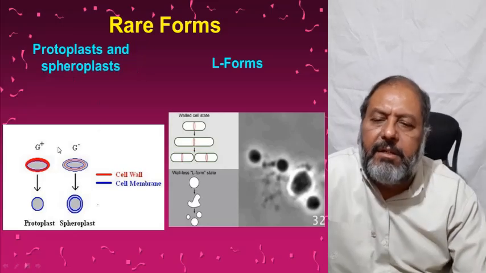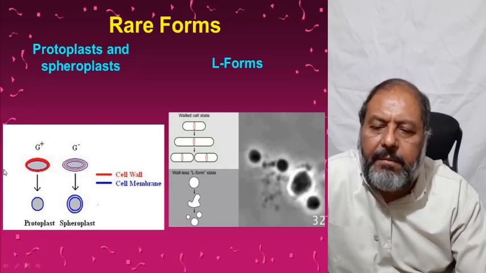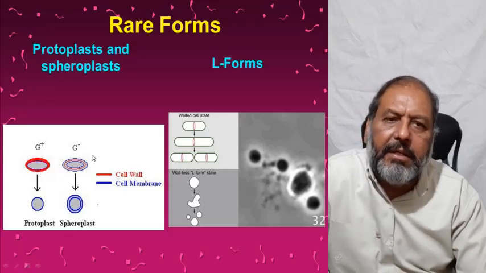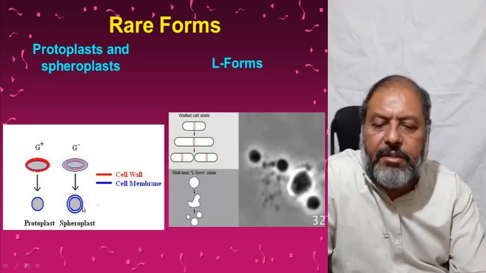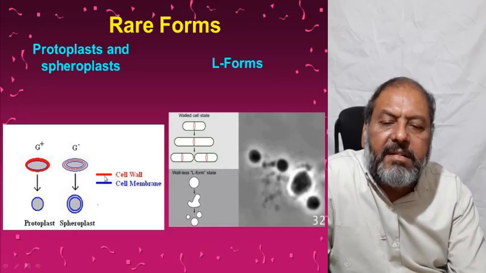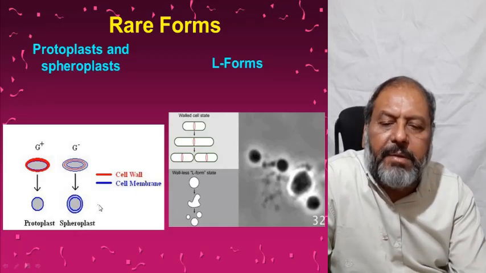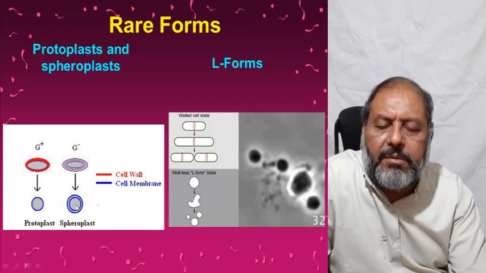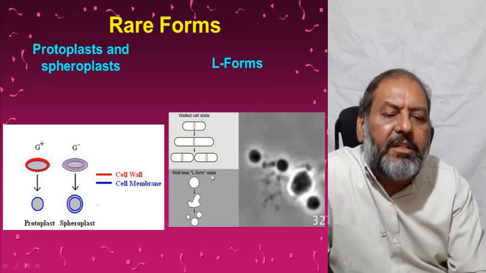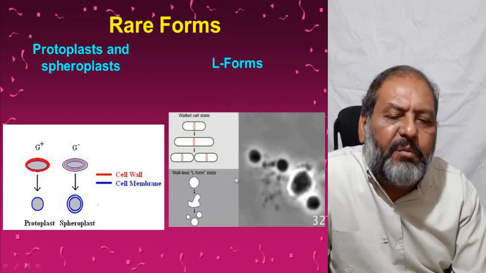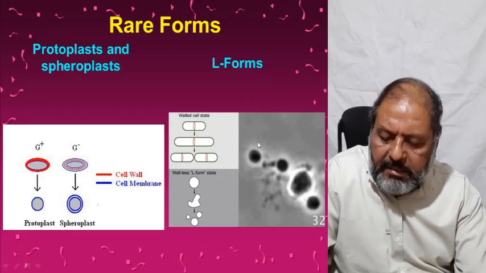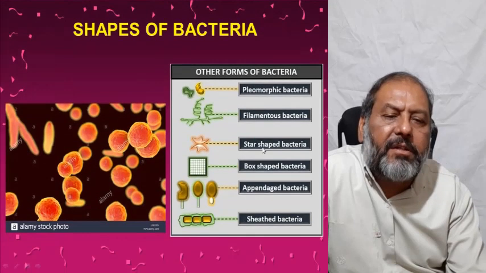As one can see, gram-positive bacteria, under certain pressure, can change to protoplasts, and similarly, gram-negative bacteria can change to spheroplasts, and they have lost their cell wall while the cell membrane remains present. Similarly, the L form: one can see the walls of the bacteria. When these walls are lost, these are called the L forms of bacteria.